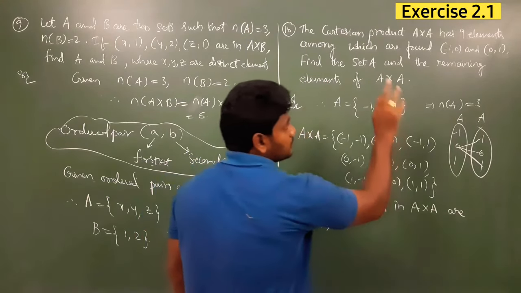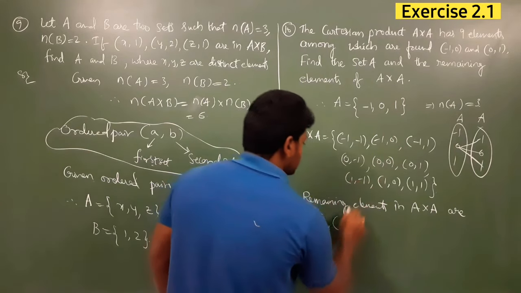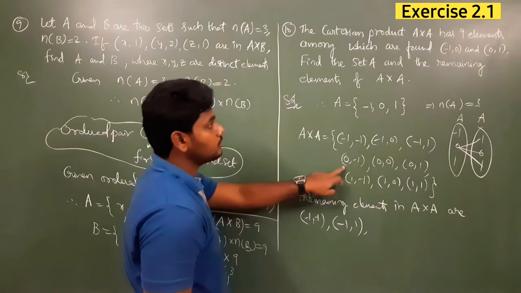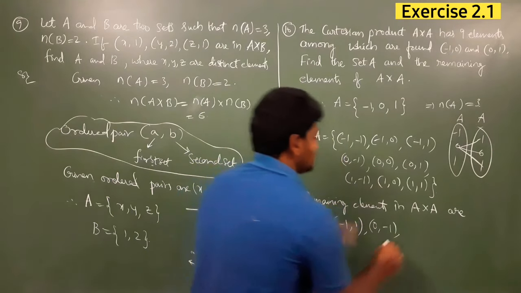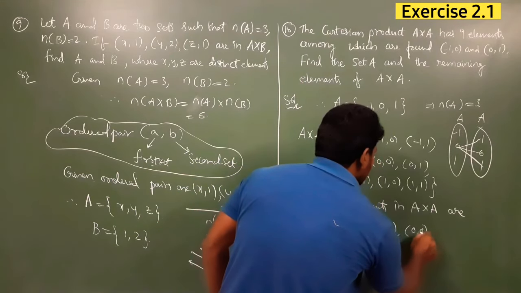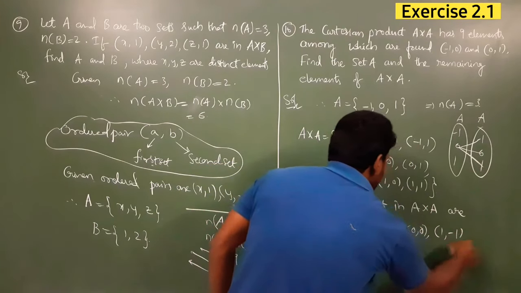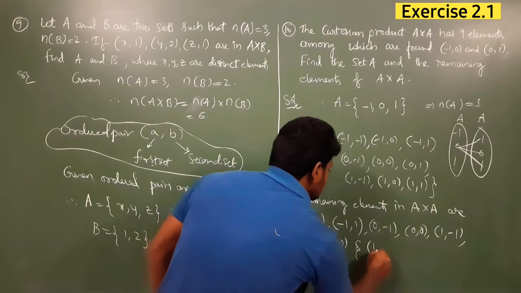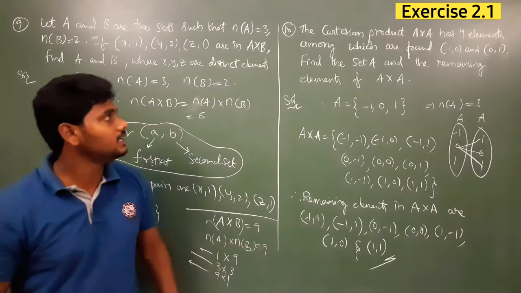Next, (-1, 0) is given, so we skip this. Next, (0, -1) was not given, so (0, -1). Next, (0, 0). (0, 1) is given. Next, (1, -1), (1, 0) and (1, 1). So these are the missing elements, nothing but the remaining elements.